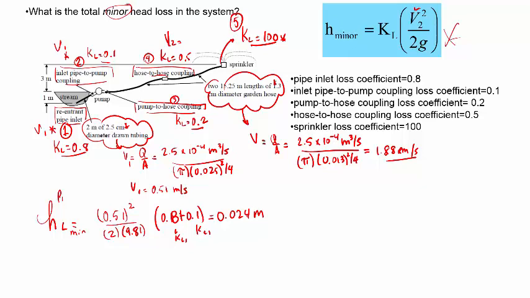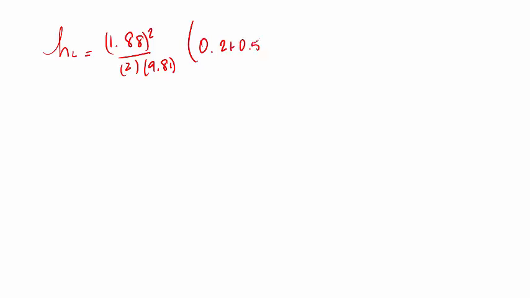So let's take a look at P2 and P3. So HL equals, now I have 1.88 squared over 2 times 9.81, and then we have 0.2 plus 0.5, and then here, this is 3 and 4, and this is 0.13.